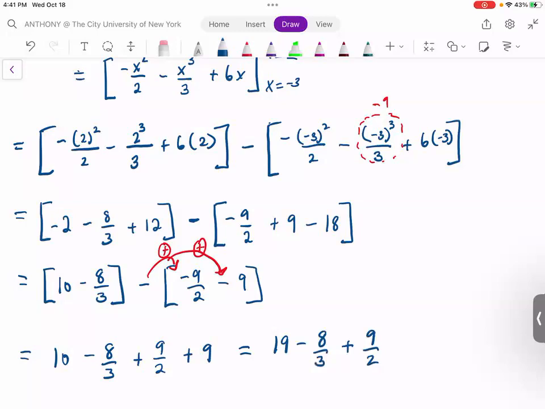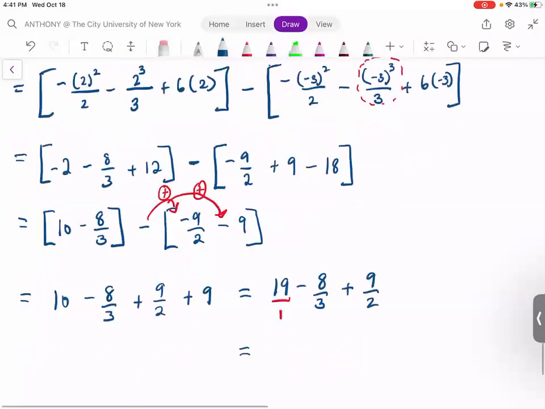And again, you would have to find your LCD, but we saw an example like this. If I write 19 as a fraction as 19 over 1, what is the LCD of 1, 3, and 2? 6. So all these numbers should be over 6. So what's 19 times 6? I'll give you a hint. Start with 19 times 5. What's 19 times 5?